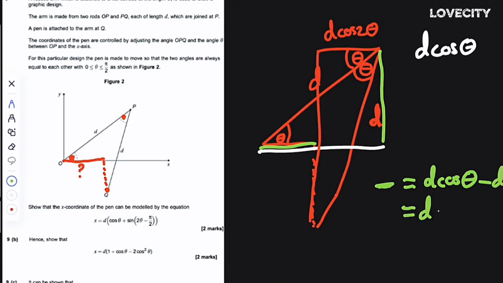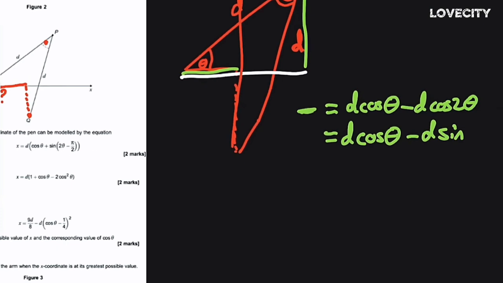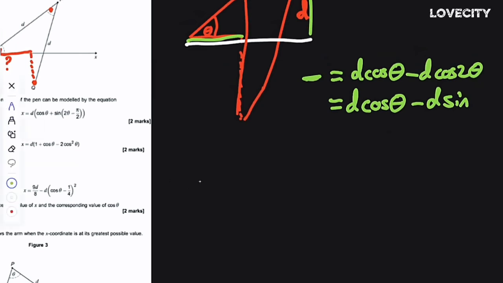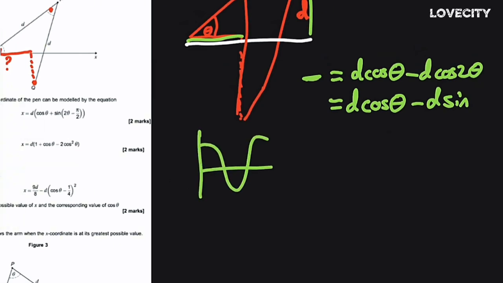Now, this is the same as D cos theta minus. Now you might want to just guess what this comes to. In this scenario, you may not know many of these trig identities, but if we draw the graph of cos, it looks like this. Now, drawing on the same axis, sine looks like this.